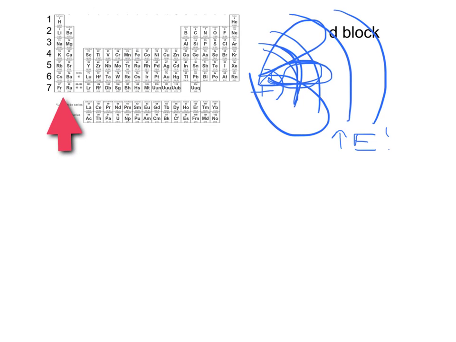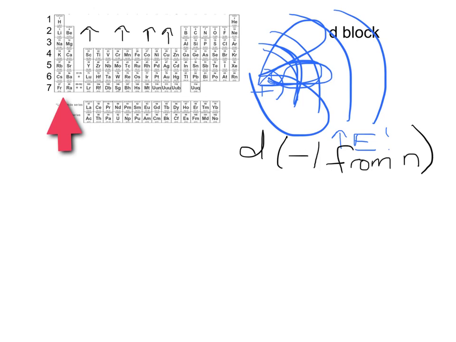So this section needs to be pulled up a row artificially. The way you can remember it is, if you're in d block, you need to subtract 1 from whatever energy level you're in. n stands for energy level. So I'm going to show you how that works.